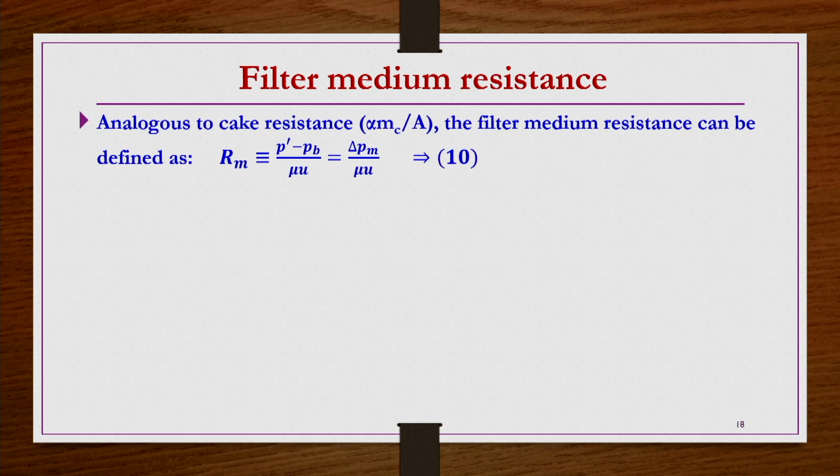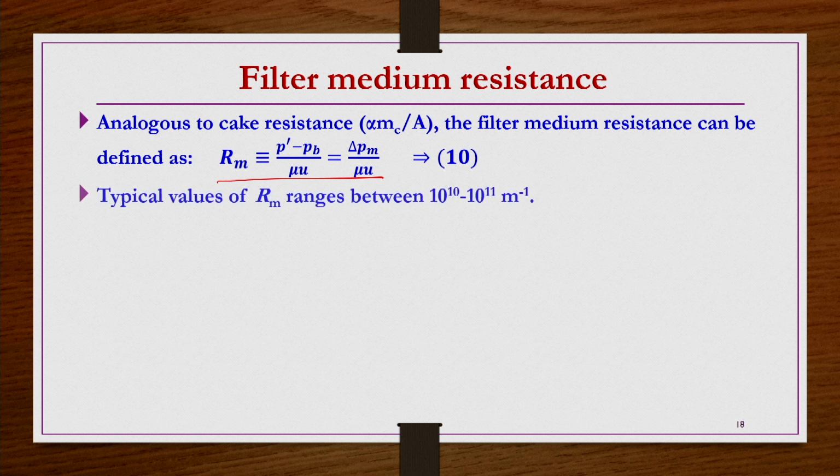Now, filter medium resistance, analogous to cake resistance alpha mc by A, can also be defined as Rm equals delta Pm by mu u, where delta Pm is nothing but P prime minus Pb. Here typical values of Rm in general range from 10 power 10 to 10 power 11.